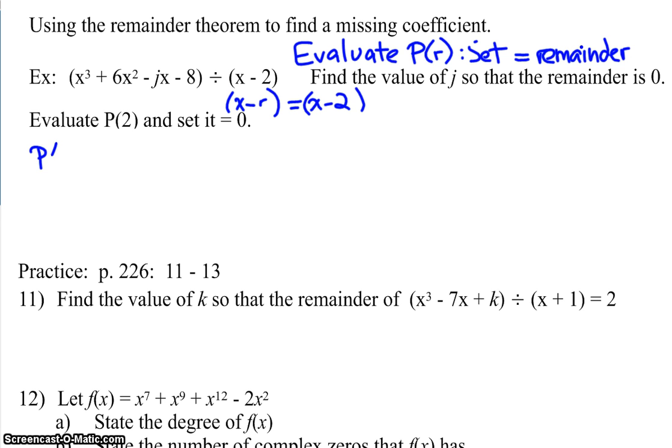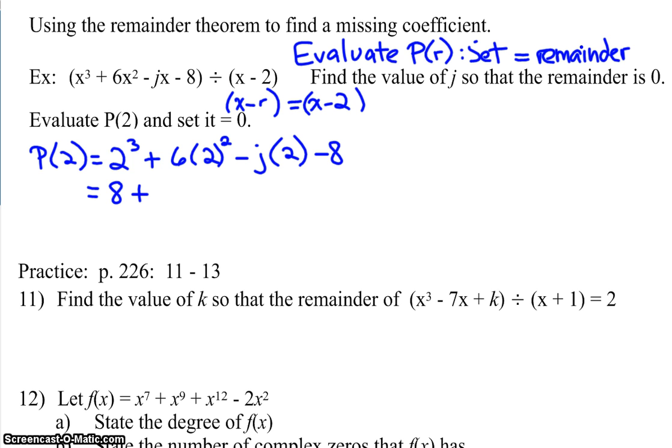So p of 2 is 2 cubed plus 6 times 2 squared minus j times 2 minus 8. If I complete that evaluation, I get 8 plus 24 minus 2j minus 8.